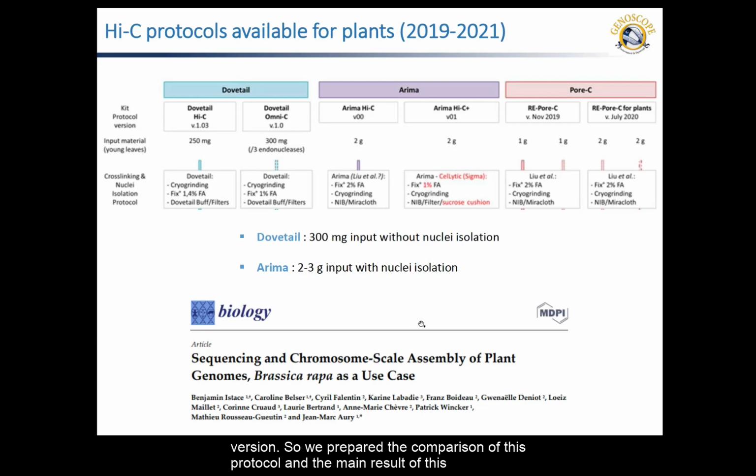We published the results of the comparison of these protocols, and the main result for Brassica rapa was that we obtained slightly better results with the Omni-C protocol. So at the lab, in the past, we preferred the Omni-C protocol for plants.